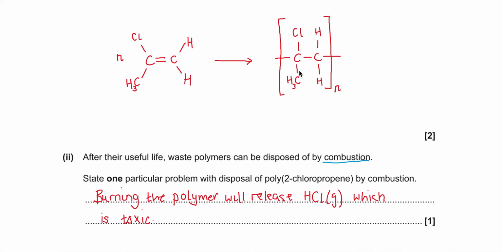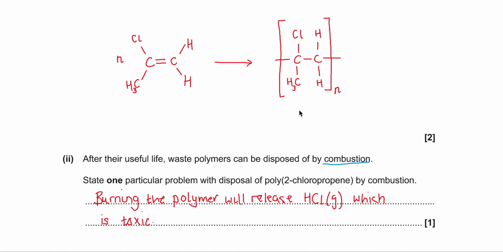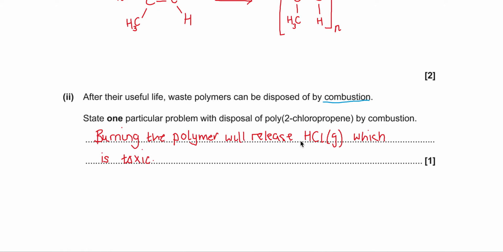Because this polymer contains chlorine, when you burn it, you will release hydrogen chloride gas, so HCl gas, and that gas is toxic. So you have to mention both of these points here to get the mark. So any polymer that contains chlorine, if you burn it, it will release hydrogen chloride gas, which is a toxic gas. So that's the problem for that one.